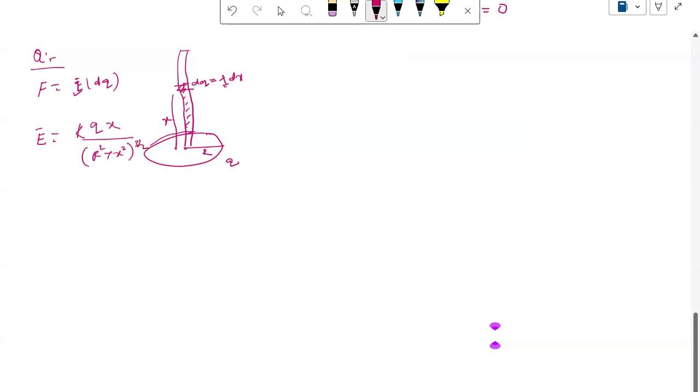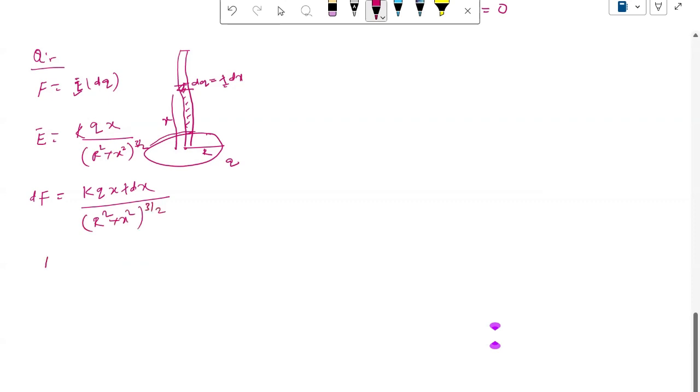Now the force dF on this element is equal to dq into E, where dq is equal to lambda into dx. Therefore, dF is K Q lambda x dx by R square plus x square whole power 3 by 2.